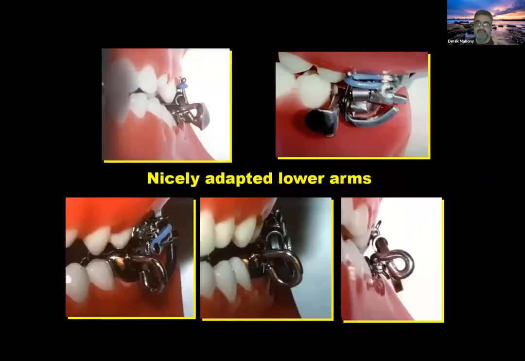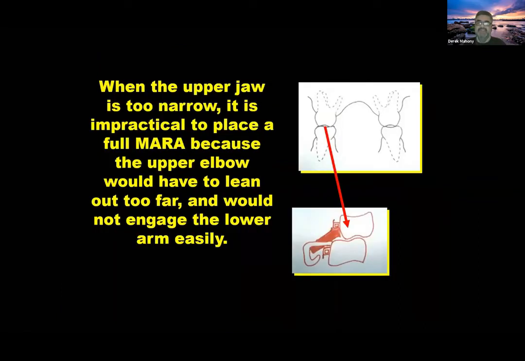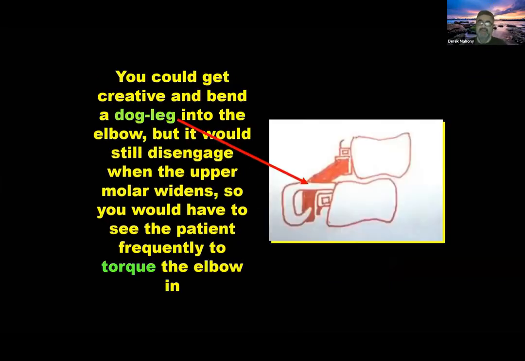So one of the things you need is a torquing tool for the upper elbow, and it comes in the MARA kit. So you can see here, if your upper jaw wasn't developed first, your upper elbows are going to tip like that. Very difficult then to get proper contact with the arm. So please develop your upper arch first to avoid that sort of dogleg appearance.